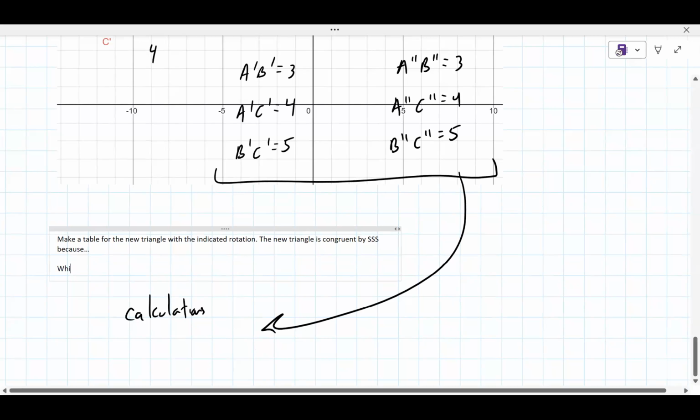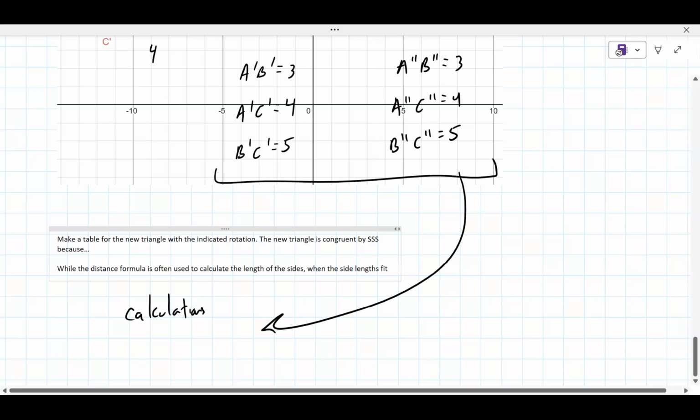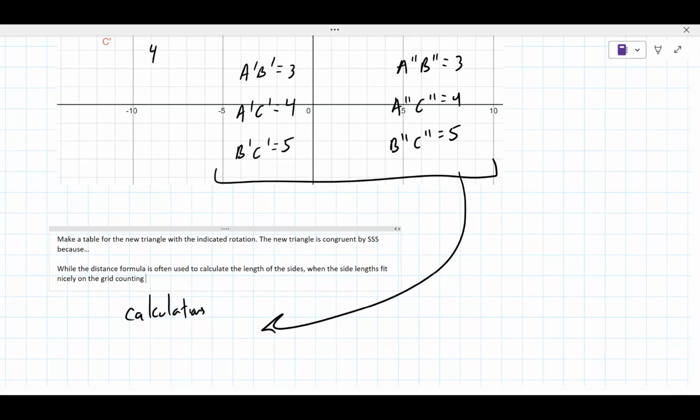And you might add in there that while the distance formula is often used to calculate the length of sides, when the side lengths fit nicely on the grid, counting is an acceptable substitute.